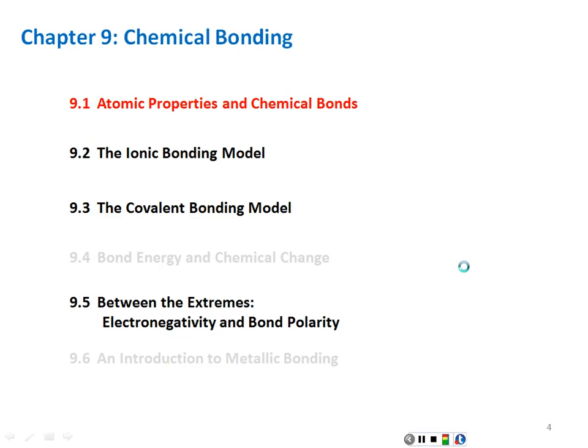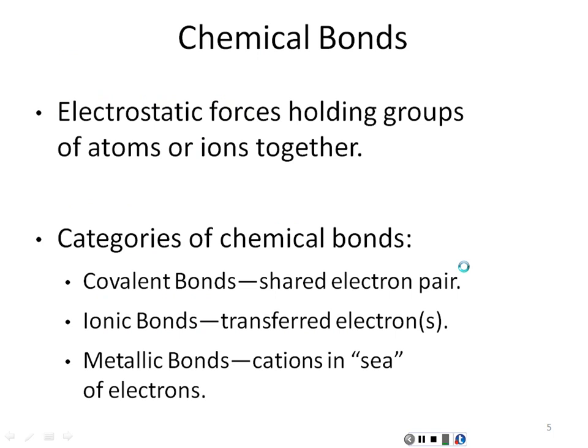Okay, on to Chapter 9. So the first part of Chapter 9, Section 9.1, we're just going to talk generally about chemical bonds. And what is a chemical bond? Well, a chemical bond is caused by electrostatic forces holding groups of atoms together.